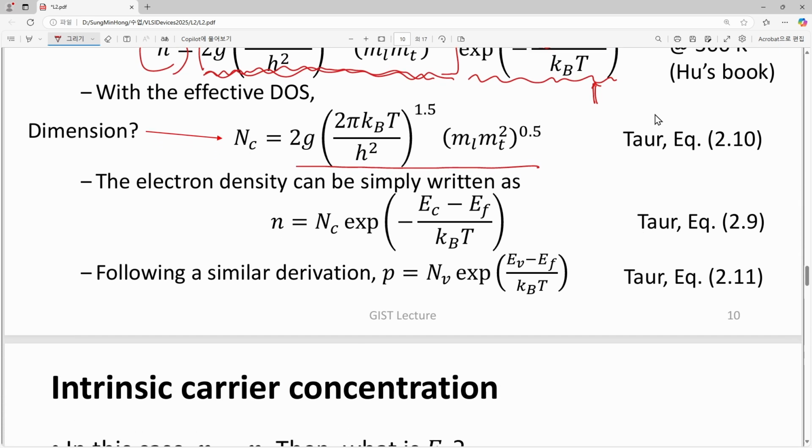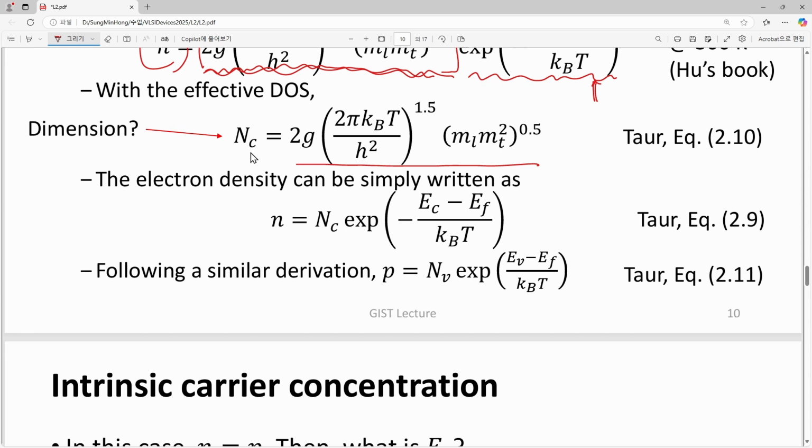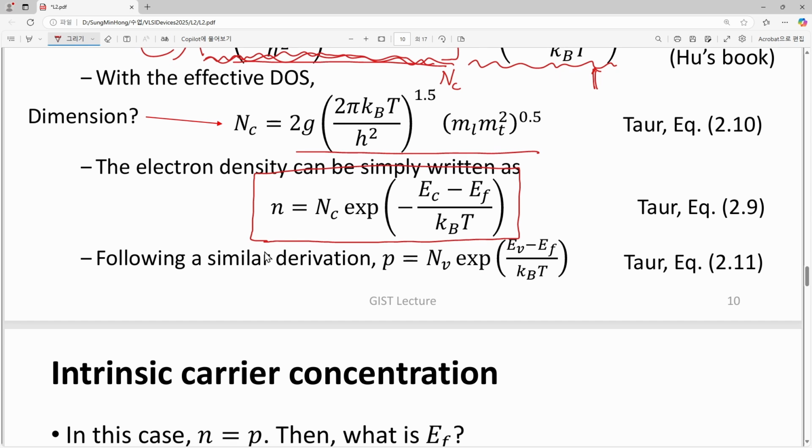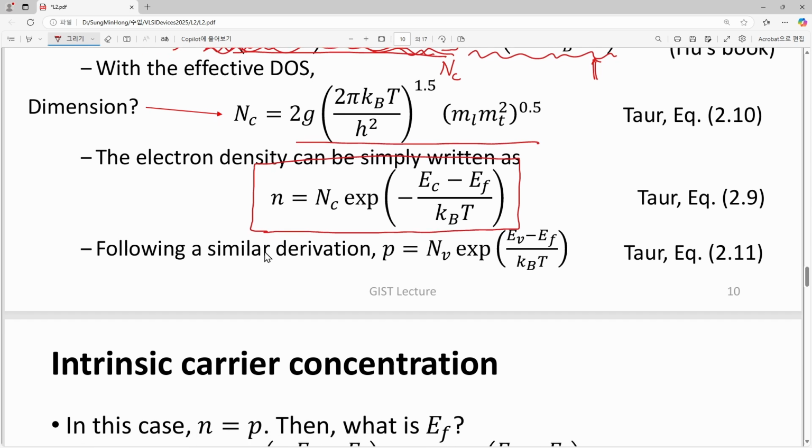Okay, so now since this complicated expression is just written as NC, we have quite a simple expression. I have already stressed this form. If we have a small difference between EC and EF, electron density is increasing.